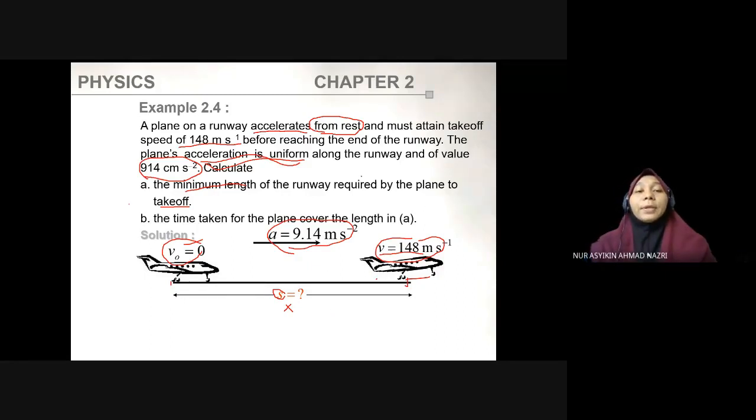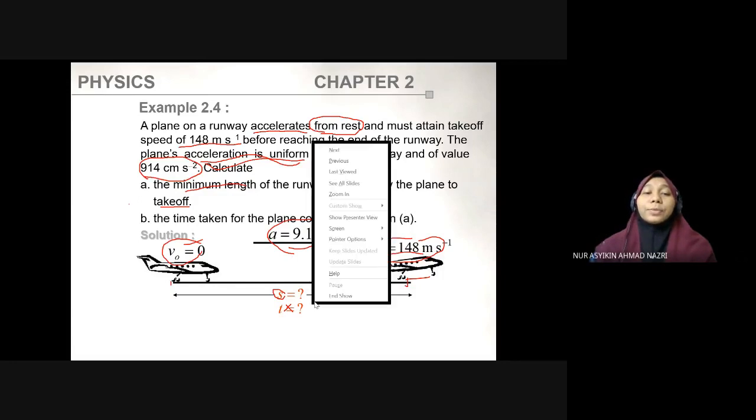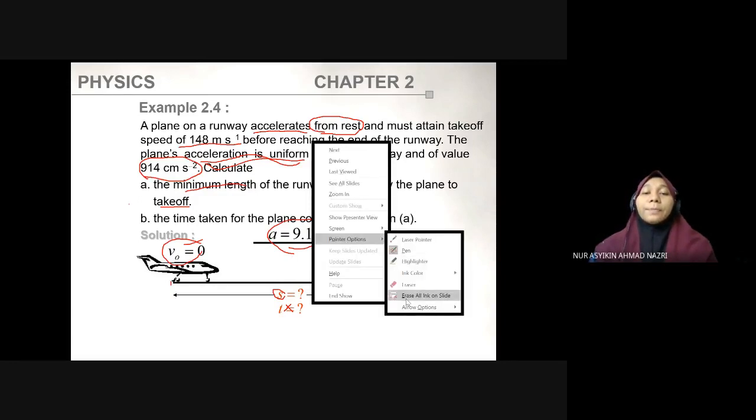How far does it have to travel before it can fly? Alright, the minimum length of the runway required by the plane to take off. Once we have done this and have the information, it is easier for us to choose which expression is suitable to solve this problem.